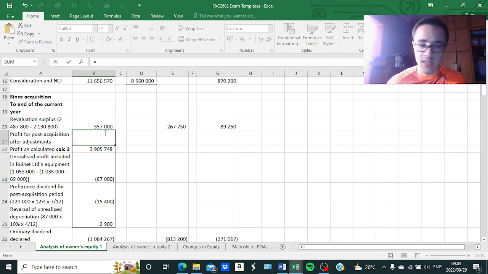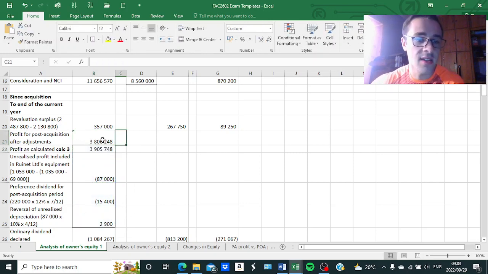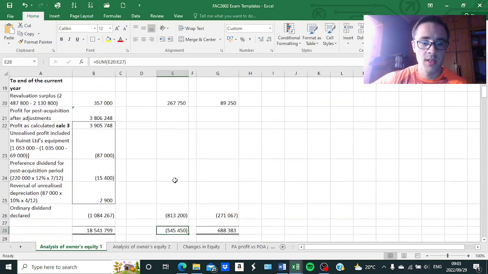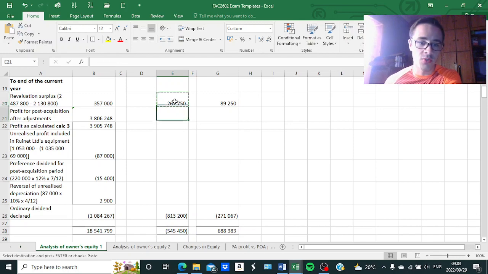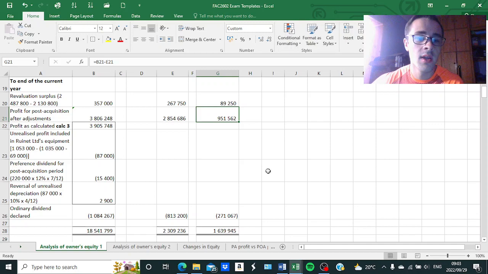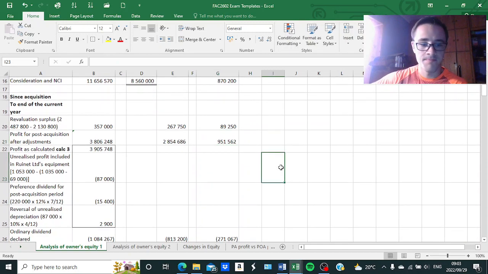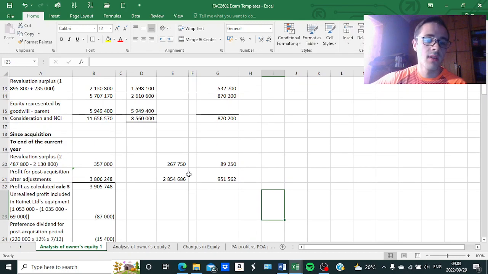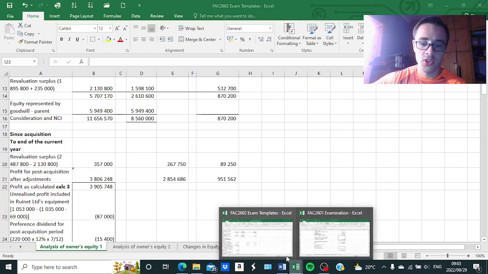So your profit after tax, after all adjustments have been made for the post-acquisition period, should amount to 3,806,248. And then we calculate the portion attributable to owners of the parent, as well as the portion attributable to non-controlling interests. So how do we calculate the bottom section right here?